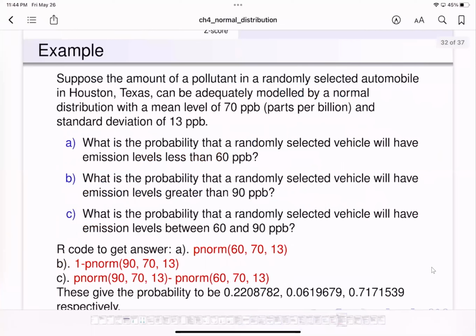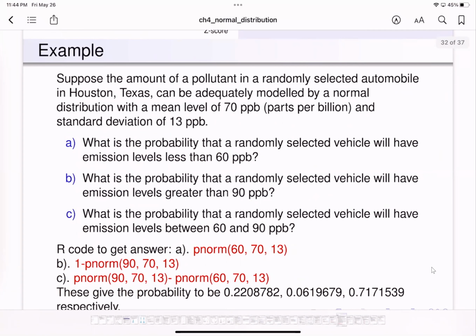Here's an example. The amount of pollutant in a randomly selected car in Houston. We had this example earlier. The mean is 70, standard deviation is 13. What's the probability that a randomly selected vehicle will have an emission level less than 60?